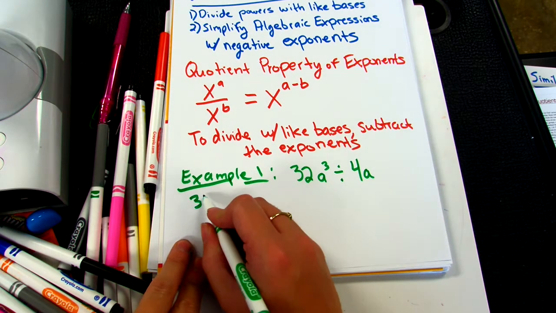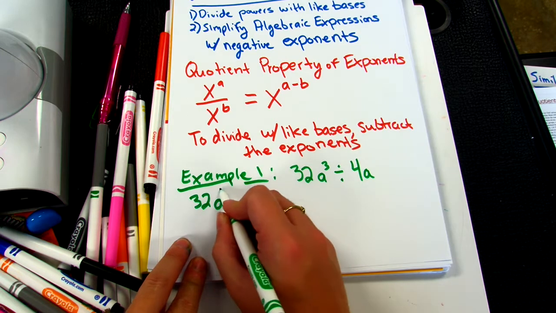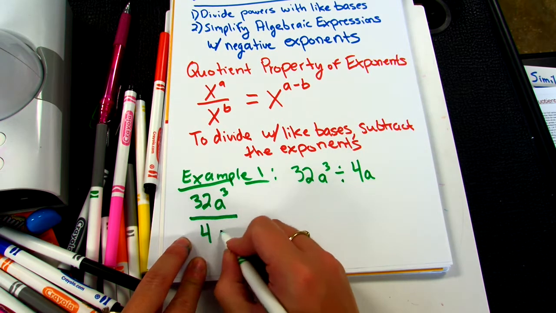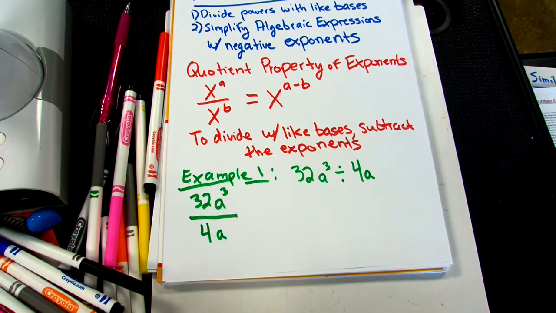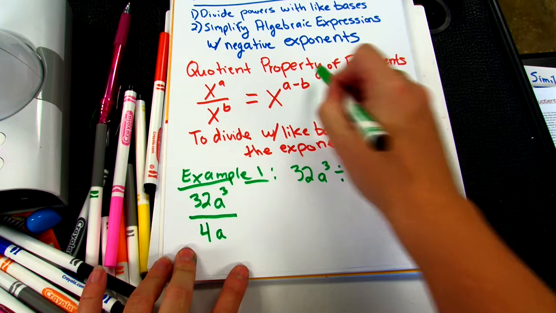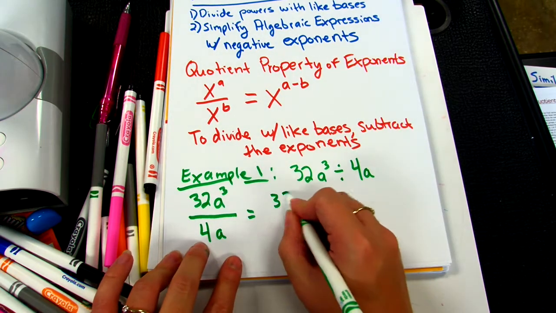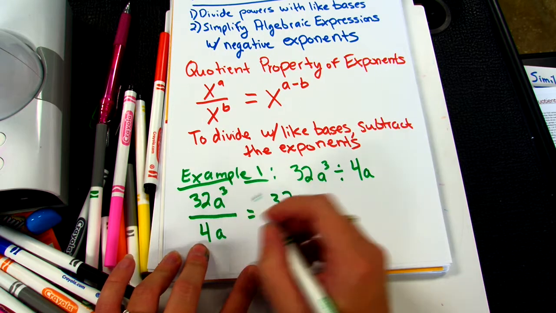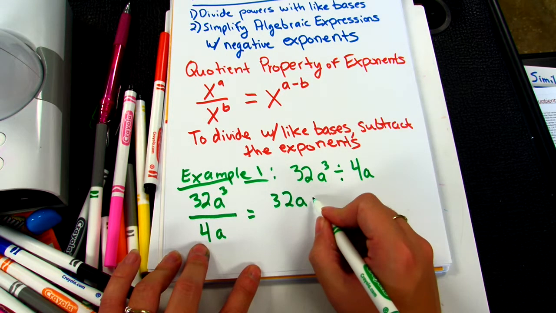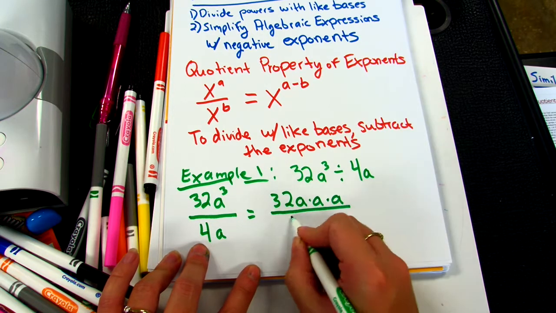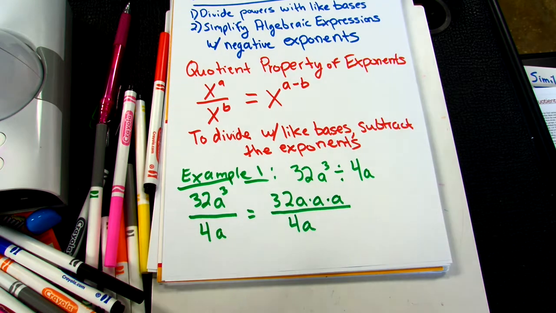So we have 32a to the third power over 4a. Okay, so I'm going to explain to you why this property works. Because 32 times a to the third power is 32 times a times a times a, all over 4a.